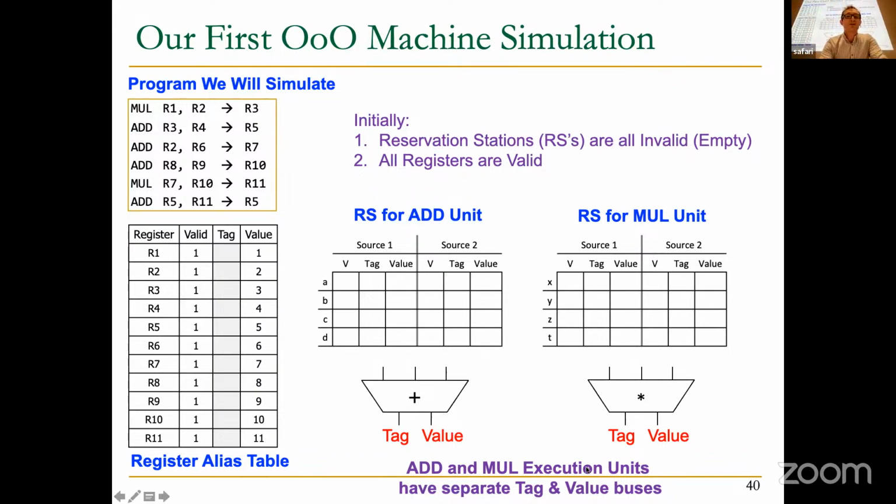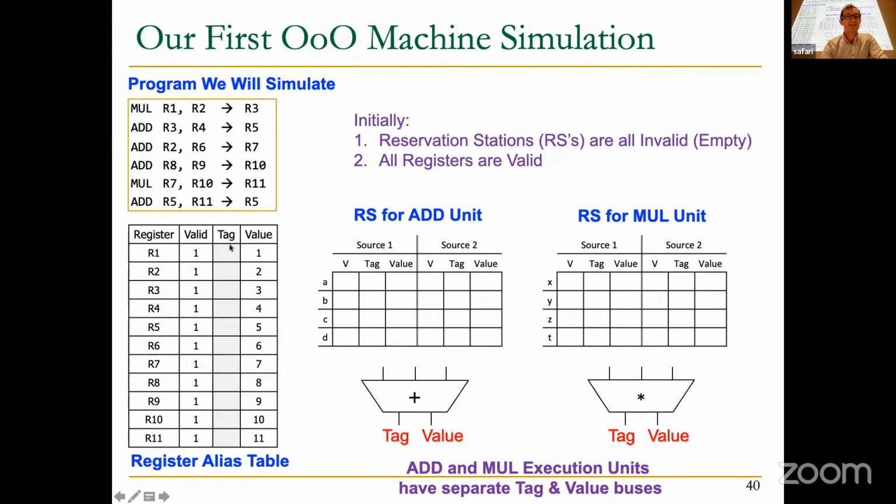That's true over here also. You can see that the add and multiply execution units have separate tag and value buses. So we're going to be able to broadcast 1 tag and 1 value per cycle from this unit, and 1 tag and 1 value from this unit as well. You will see that it's going to be a mess, because when these tags are broadcast, they need to go to these tags.